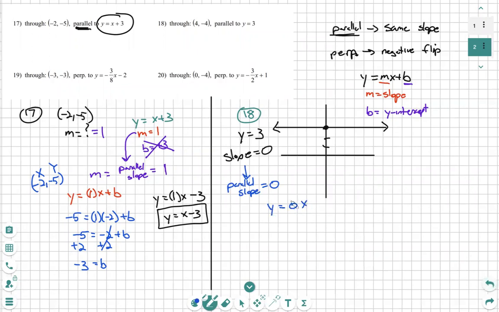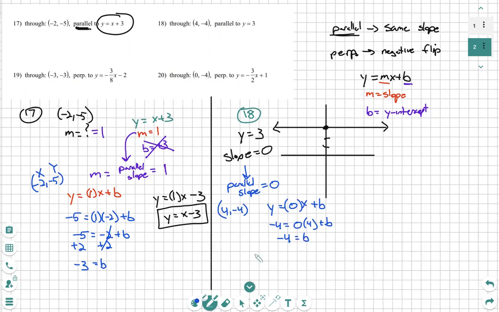Oops, that was terrible parentheses placement. And we are going to plug in -4 for y in order to solve for b. Doesn't matter what we plug in for x because 0 times anything is 0. And we see b is equal to -4.